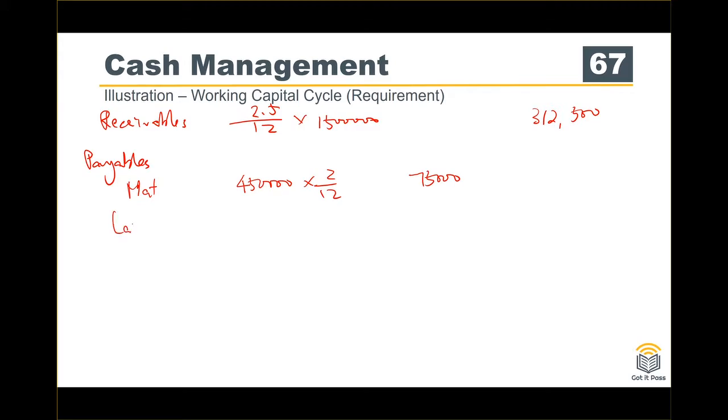For labor, you have to pay in 1 week because we have 50 weeks, times 375,000, it means 77,500. For variable overhead, the settlement period is 1 month with 150,000, and it's 12,500.